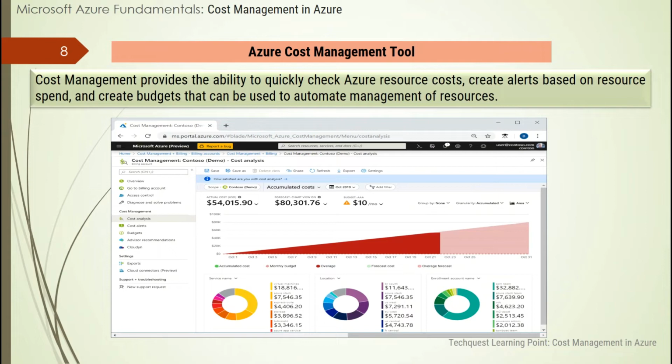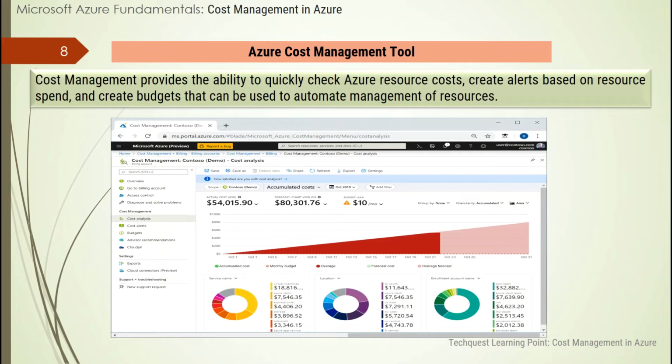Cost management is an Azure service that helps you avoid the situation. Cost management provides the ability to quickly check Azure resource cost, create alerts based on resource spend, and create budgets that can be used to automate management of resources.